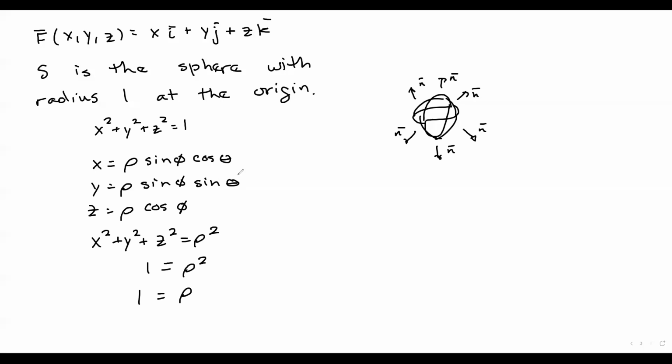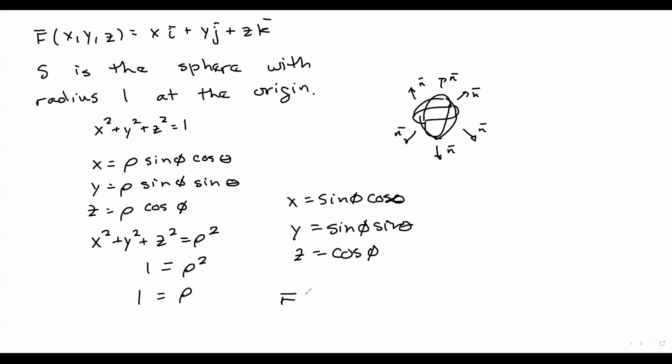Plugging that in, we get x equals sine phi cosine theta, y equals sine phi sine theta, and z equals cosine phi.